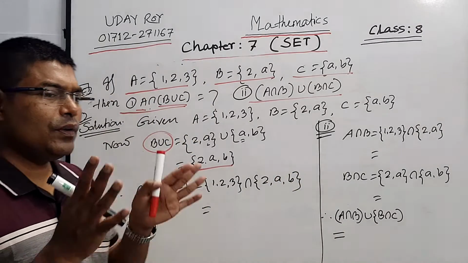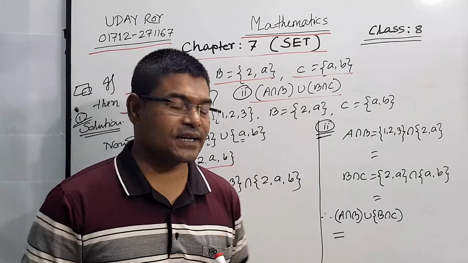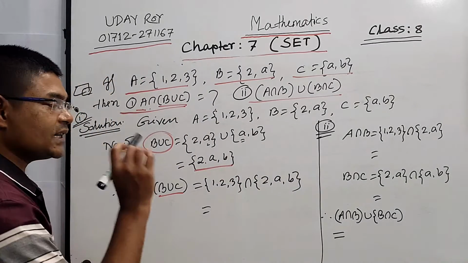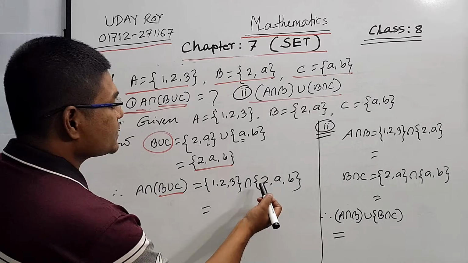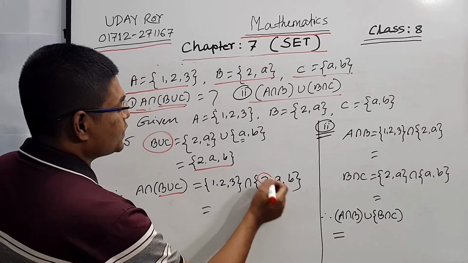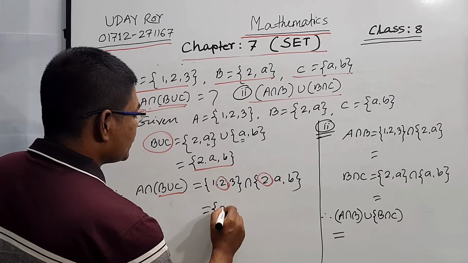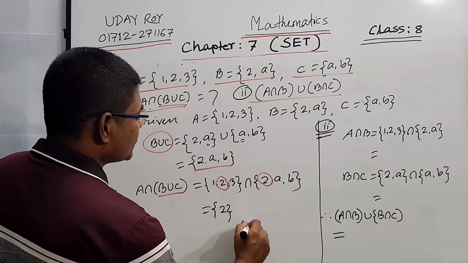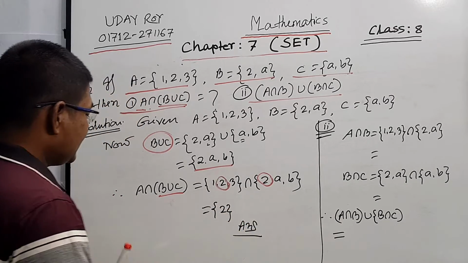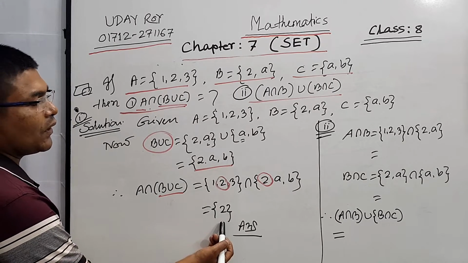You have to be careful about union and intersection. Here intersection means only common. So here is 2 and here is 2, which is common. You can see 2 is common. So you have to write down the answer. So we have got A intersection B union C equals 2.